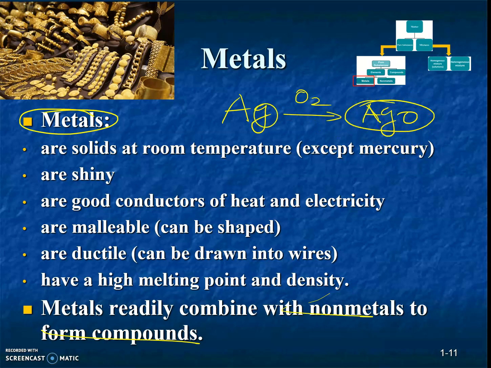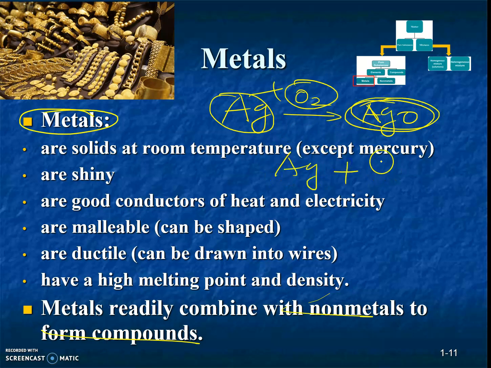So this is metal, this is non-metal, and they can combine into a new compound. But metal and metal cannot be combined into a compound, and they can only become an alloy, a metal alloy.